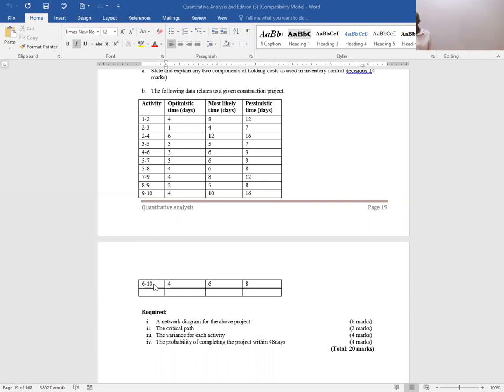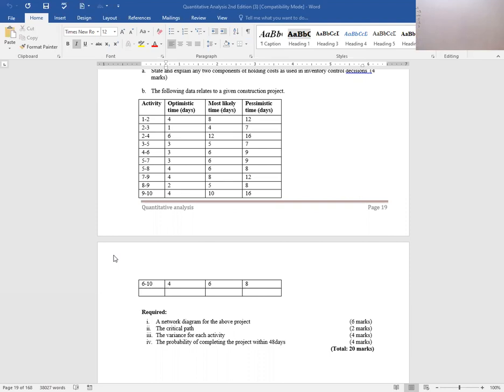The first activity is 1, 2. So we have our activities: 1 to 2, 2 to 3, 2 to 4. After 2 to 4, we have 3 to 5. After 3, 5, we have 4, 6 and 5, 7.